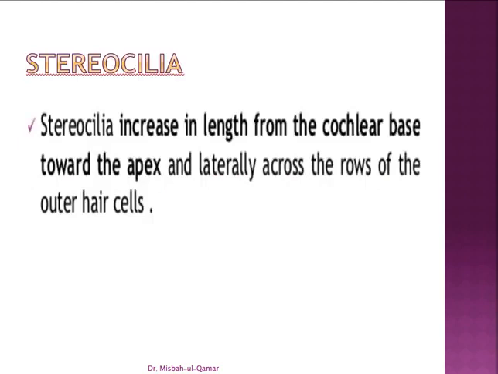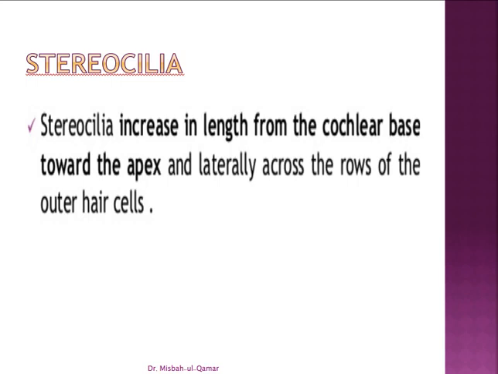Now we move on to the stereocilia. What are these stereocilia? Both the inner and the outer hair cells contain apical stereocilia. And these stereocilia are fundamentally important for the hair cell transduction.